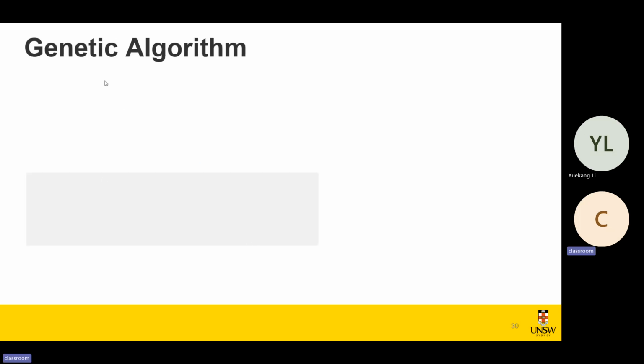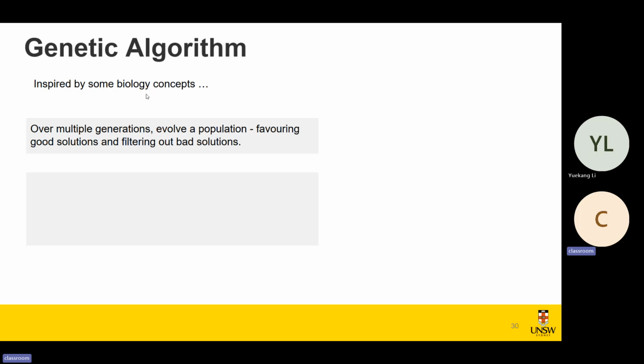So this leads us to the very basic idea of genetic algorithm. As indicated by the name of this algorithm, it is inspired by some biology concepts. The basic idea is that with multiple generations, we try to evolve a population of the targets.